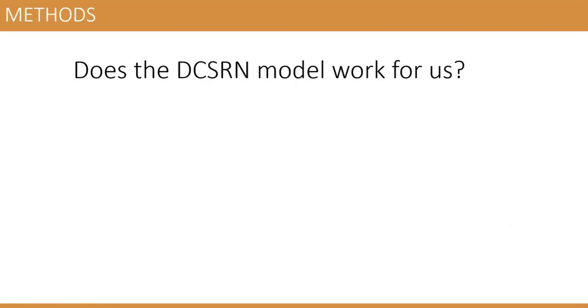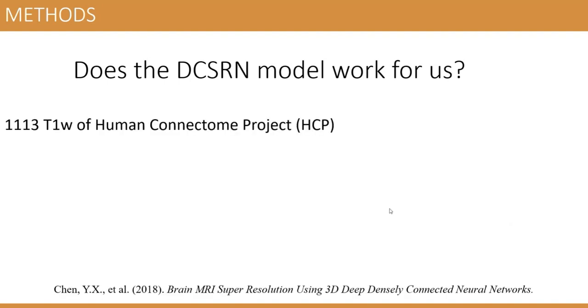For people that work with machine learning, you know that one of the main problems is taking a model from someone else and trying to make it work on your machine. So we decided to see if the model worked on exactly the same dataset. As I said, the group of Chen used the Human Connectome Project dataset, which is available.